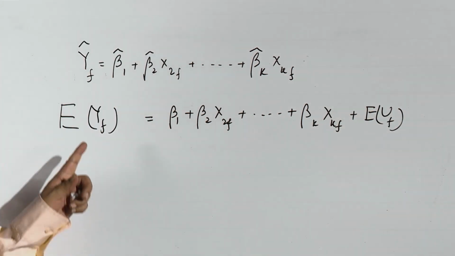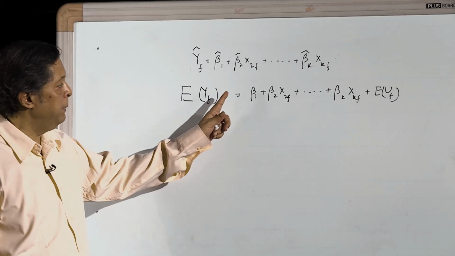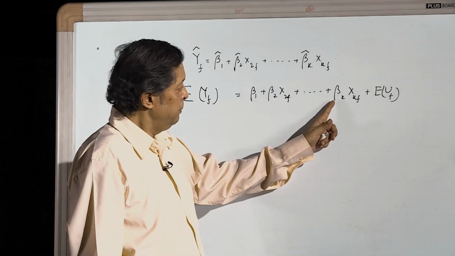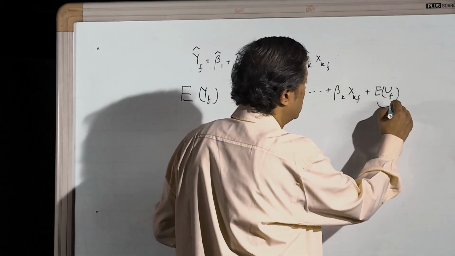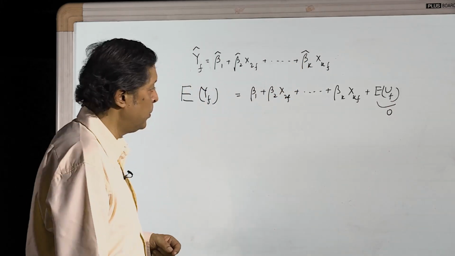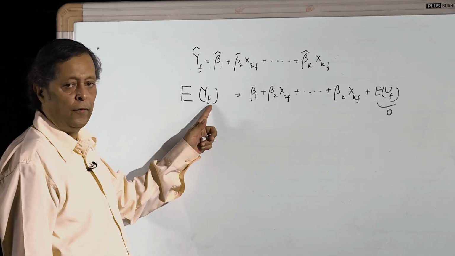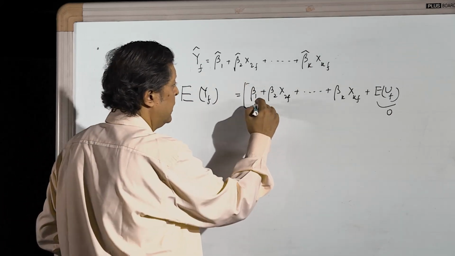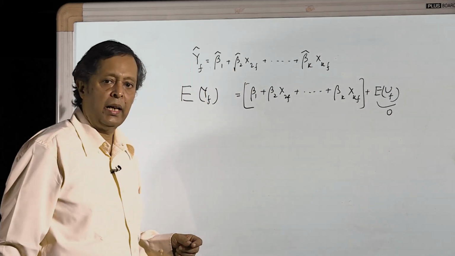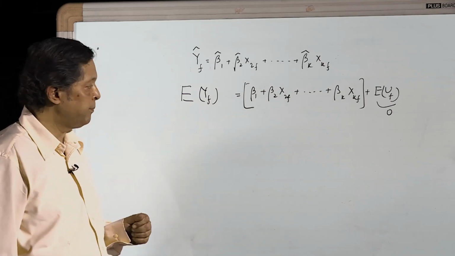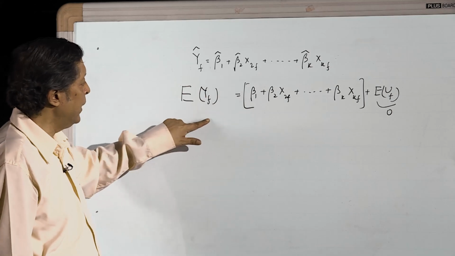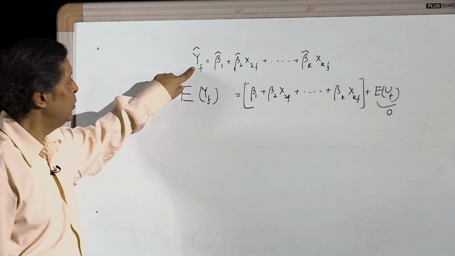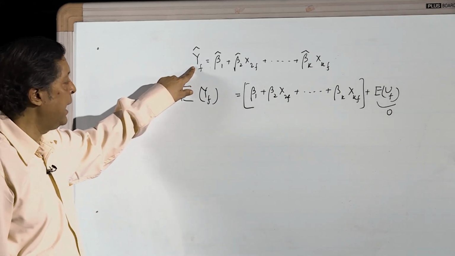Students, you will notice that the true yf would be beta 1, beta 2 x 2, up to beta k x k plus uf, and the expectation of this is equal to 0 by the classical property. So, the expected value of yf is just the beta terms times their corresponding x values. And how do we estimate this? We estimate this with the help of y hat f.